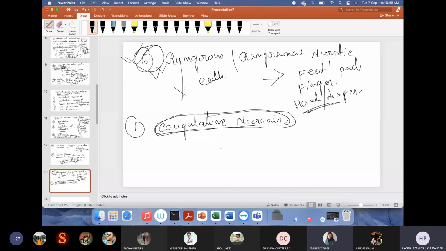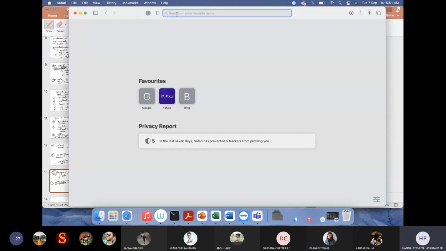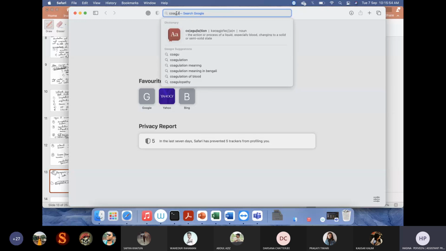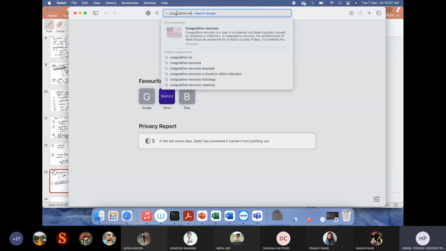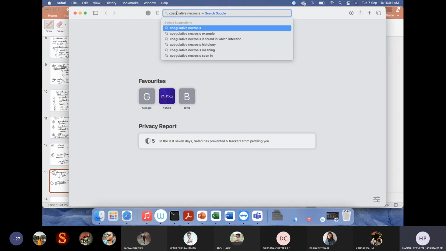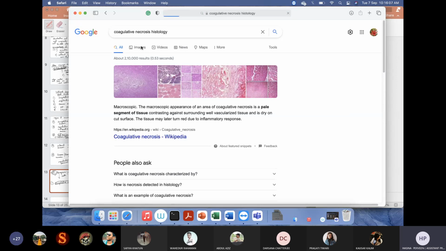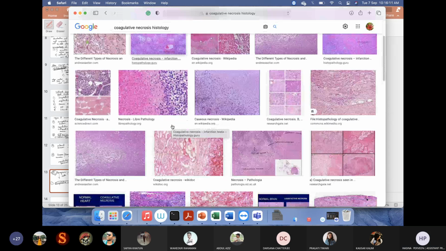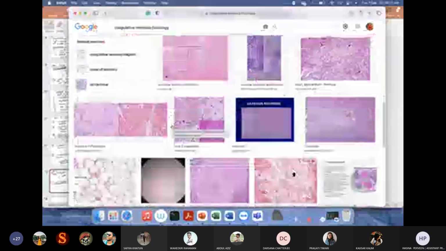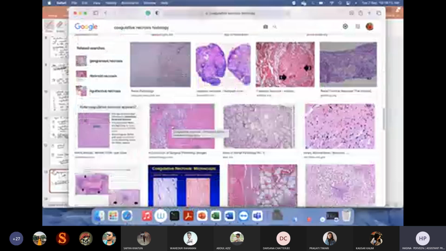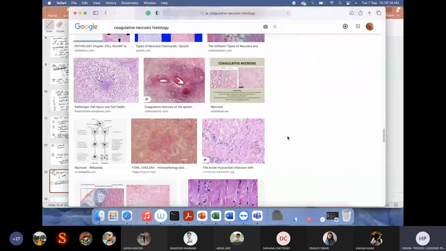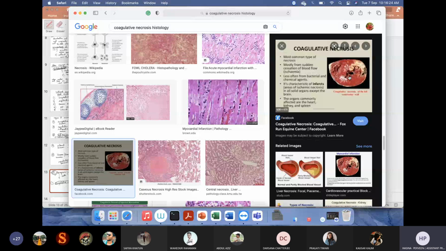So I am showing you this coagulative necrosis, take a look at what type it looks like. Coagulative necrosis formation in heart. Yes, this is the coagulative necrotic cells. That means when this is the normal cells, here cell formations are also present.